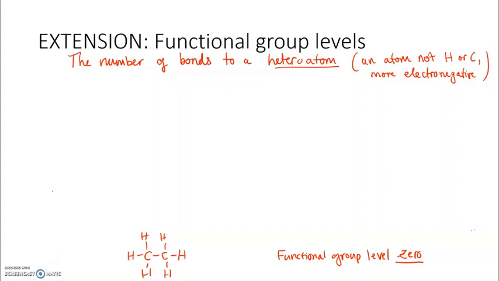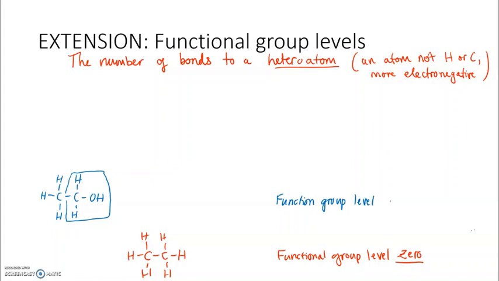If we then go up to an alcohol, such as ethanol, the functional group in this case, so we're looking, of course, at this bit here, the carbon bonded to the functional group has a single bond to a heteroatom, that being oxygen in this case, so that gives us a functional group level of 1.